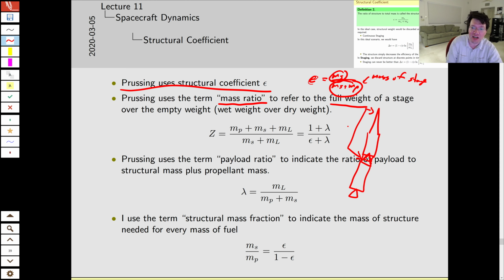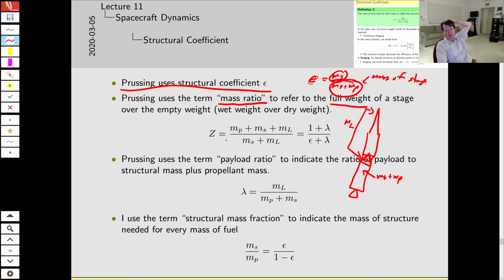This is more of a design parameter. So for a two-stage rocket, for example, the Z of the first stage refers to the propellant and mass of the first stage, plus all the stages that go on top of it.